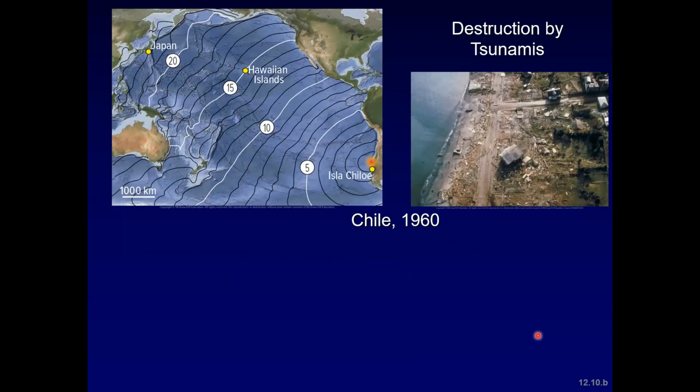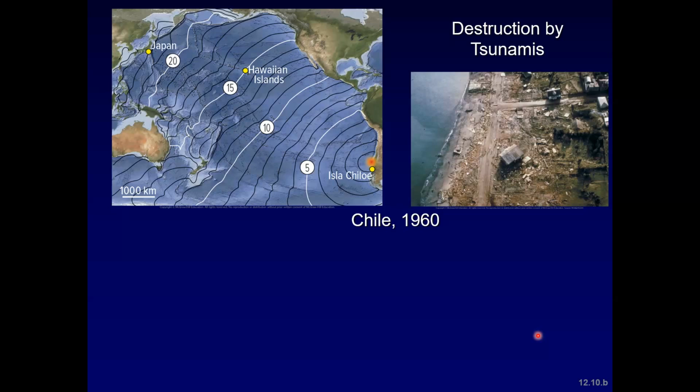All right, another slide, kind of like the Sumatra slide we had at the beginning of this chapter. This is Chile, 1960. A tsunami swept out across the Pacific Ocean at about 670 kilometers per hour. Each stripe that you see is 2 hours of travel time.